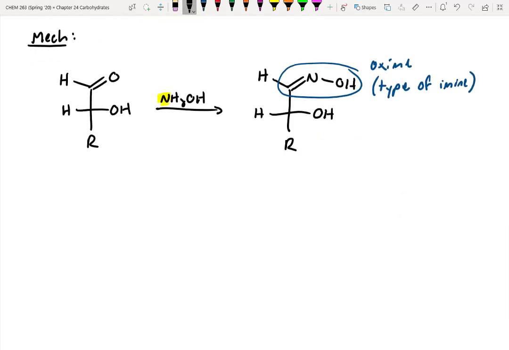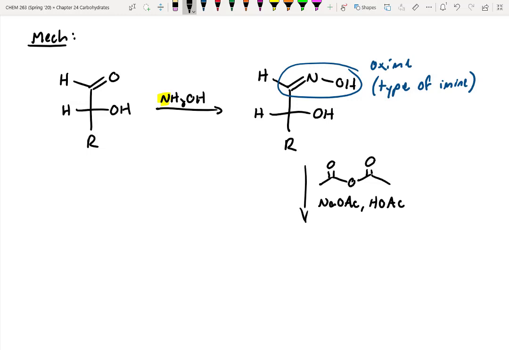And then in our next step, we're going to react this with a mixture of different reagents. We're going to react this with acetic anhydride, sodium acetate, and acetic acid. Essentially, this is going to create a buffered system.